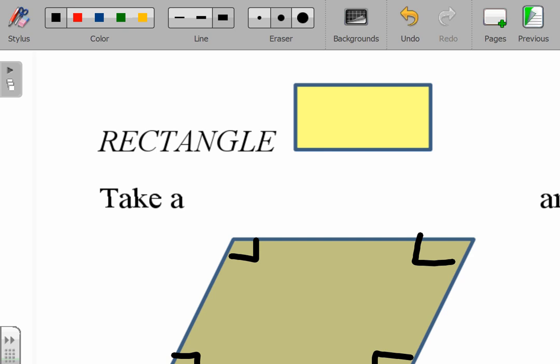So the essential definition of a rectangle is a parallelogram with 4 congruent corners, which of course by implication implies 90 degrees. Therefore, a rectangle is a parallelogram with 4 right angles.